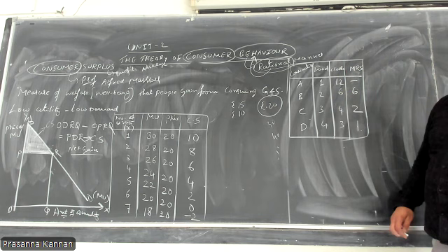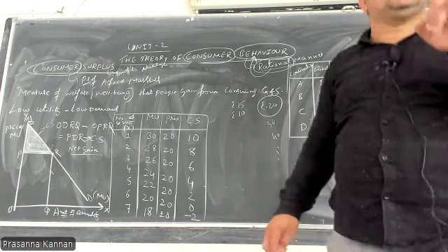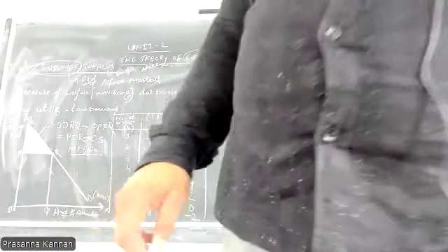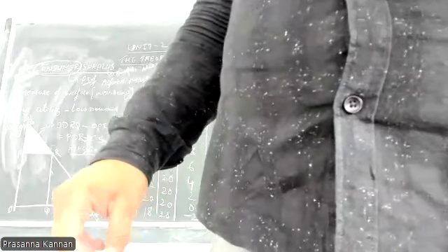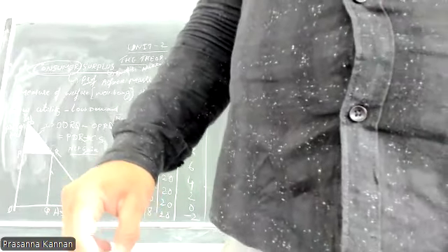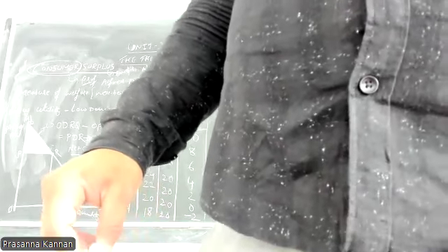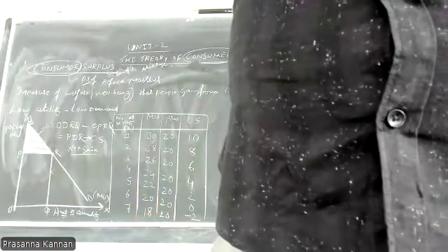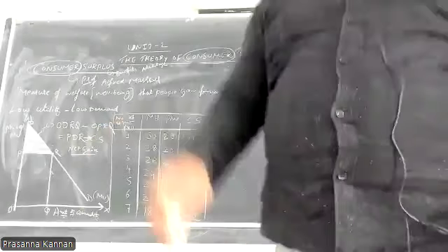So marginal rate of substitution is the rate at which the consumer is willing to sacrifice one commodity in order to get one more of the other commodity, but the level of satisfaction is the same.